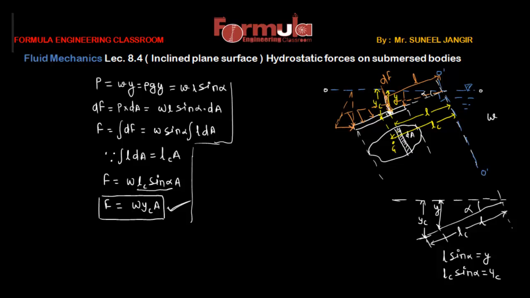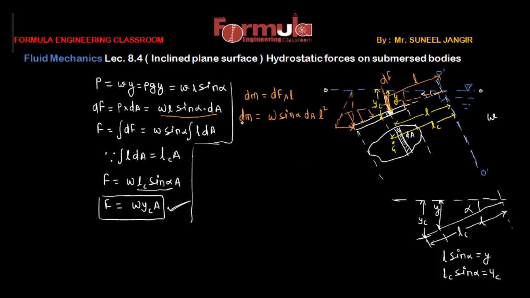So this force will create a moment about this axis O dash O dash, and we can write dM will be equal to dF into L. What is dF? dF is this value. So we can write dM will be equal to W sine alpha dA, and one L is here and another is here, so this is L square. This is the moment exerted by this elementary force about this imaginary axis O dash O dash.